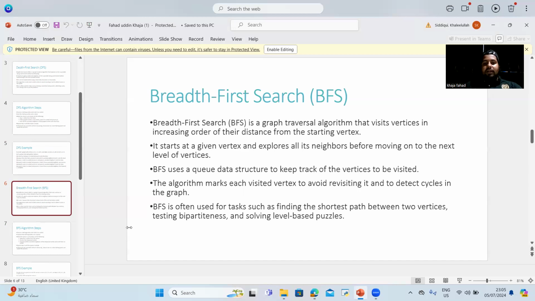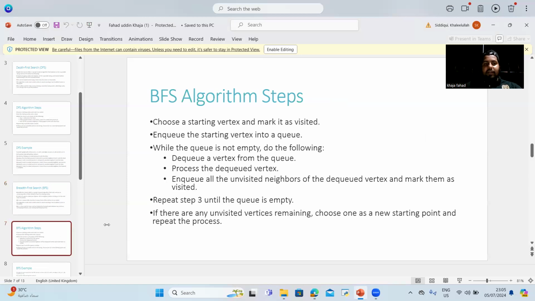The algorithm marks each visited vertex to avoid revisiting it and to detect cycles in the graph. BFS is often used for tasks such as finding the shortest path between two vertices, testing bipartiteness, and solving level-based puzzles.